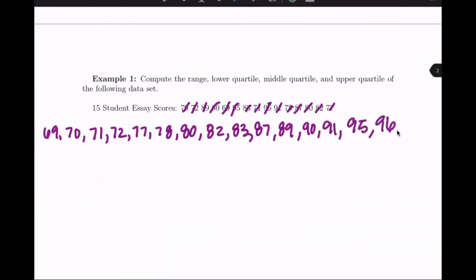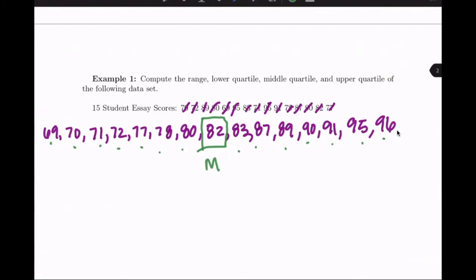All right, now that we've got all these numbers in order, we can start by trying to find the median. Okay, so let's see here. So 82 is going to be our median. All right, next we need to find the lower quartile and the upper quartile. The lower quartile is the median of the lower half of the data set.